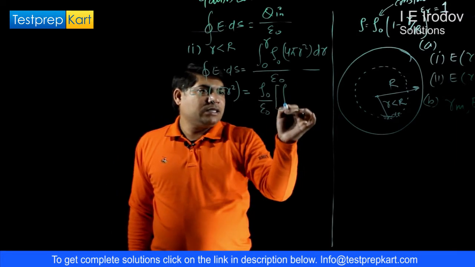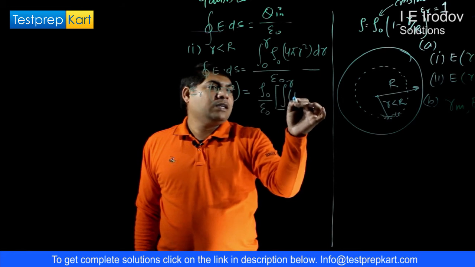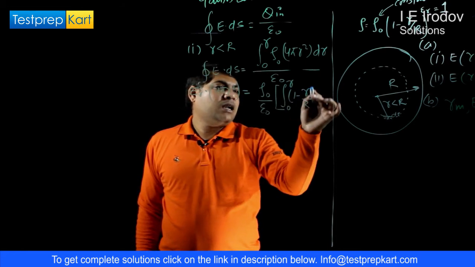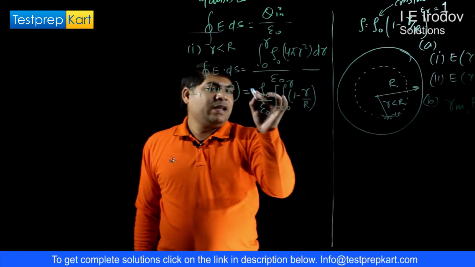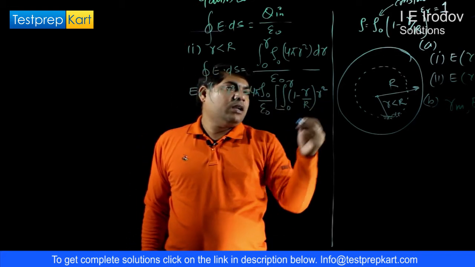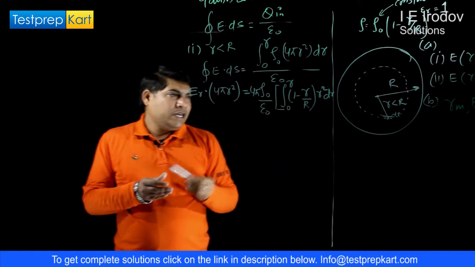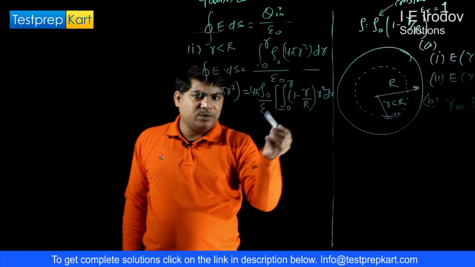times the integration from 0 to r of (1 minus r over R) times r square dr, with 4 pi also taken out. We need to distribute this r inside the bracket.